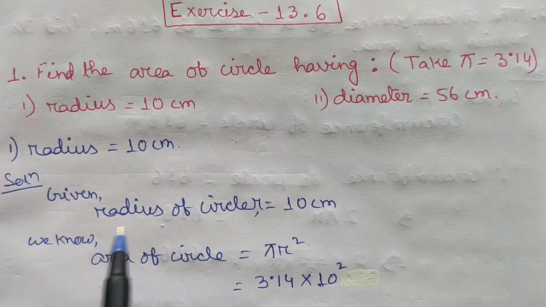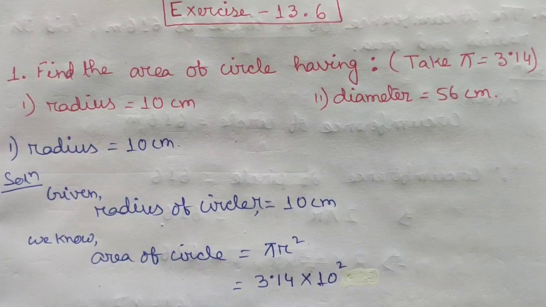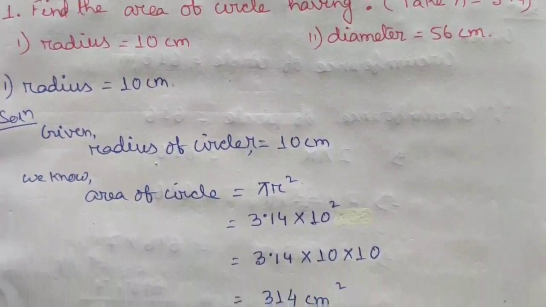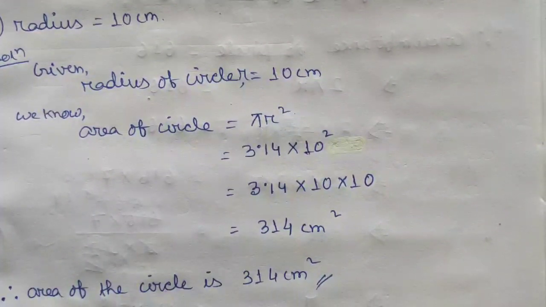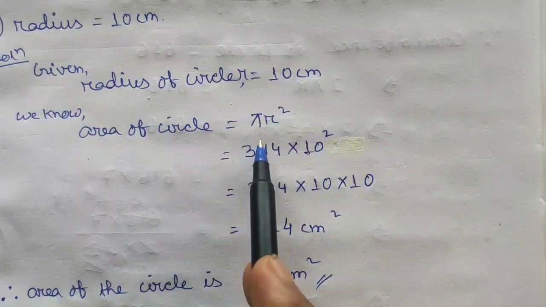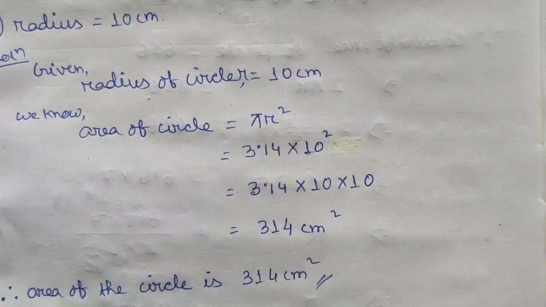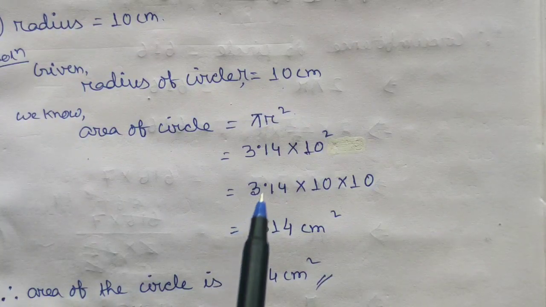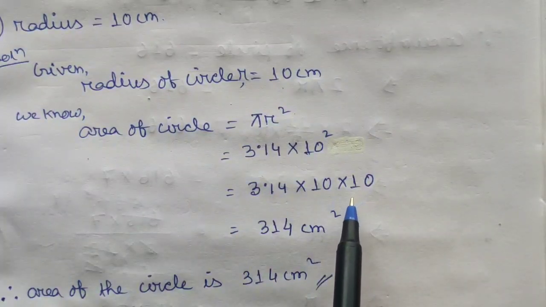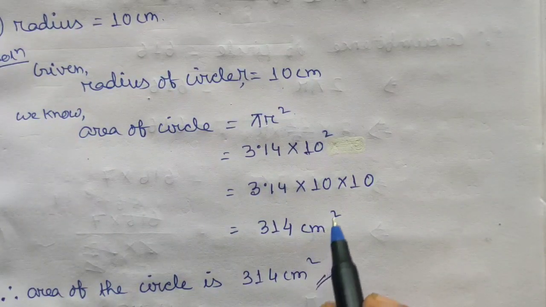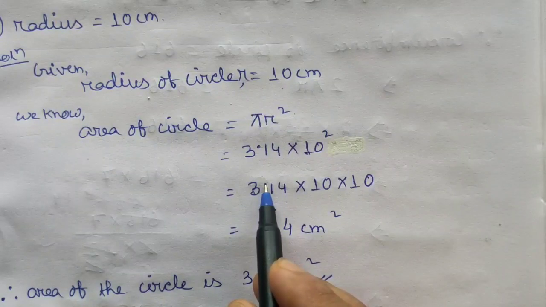Given radius of circle r equals 10 cm, we know area of circle is pi r square. In place of pi we will write 3.14. The radius is 10, so 10 square, which is 10 into 10, 100. So we multiply 3.14 with 10 into 10. After the decimal, how many digits?